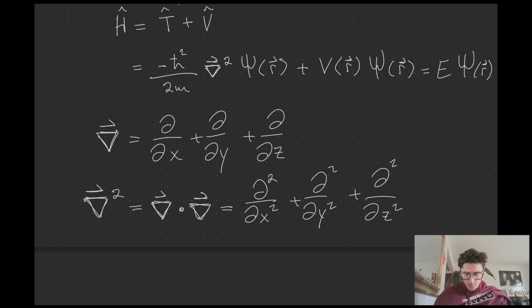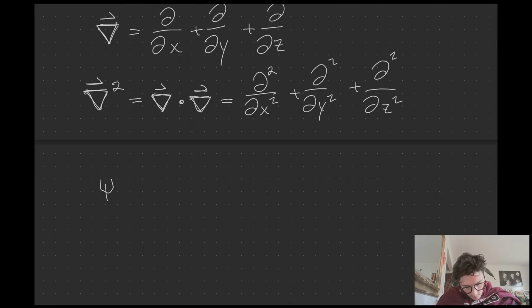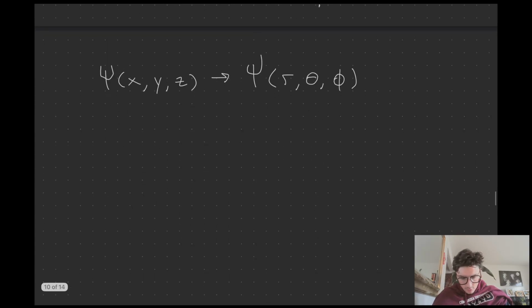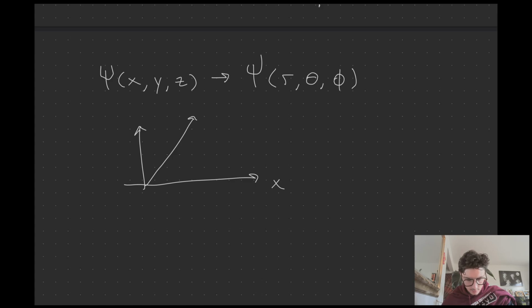The problem is we want to convert this to spherical coordinates. So we're going to move from psi as a function of x, y, and z to psi as a function of r, theta, and phi. So if I could draw a little Cartesian coordinate system here, this is x, this is y, and this is z.